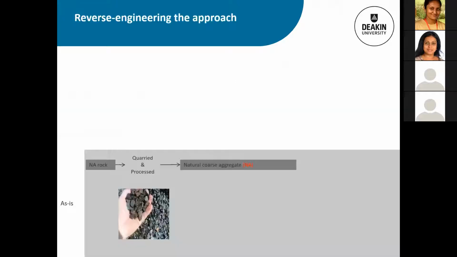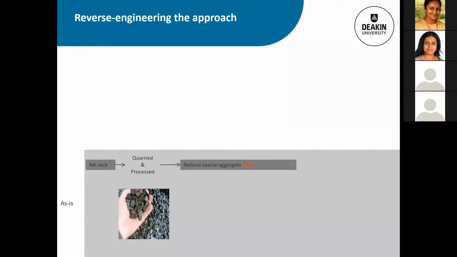So if we think of what can be done, as is, we produce, now I'm talking about the alternative use. Currently we mine natural aggregate rock, which is quarried and processed, and it produces natural coarse aggregate.